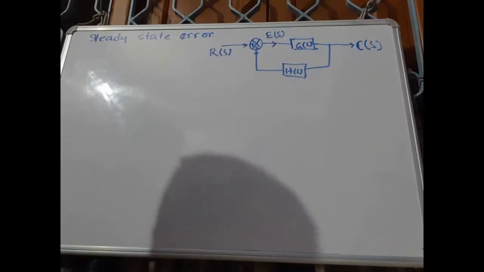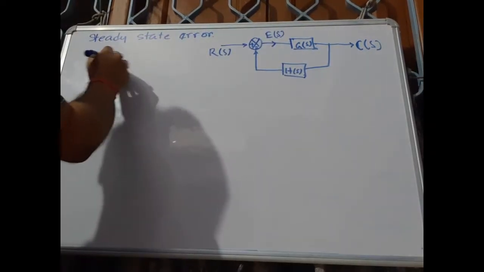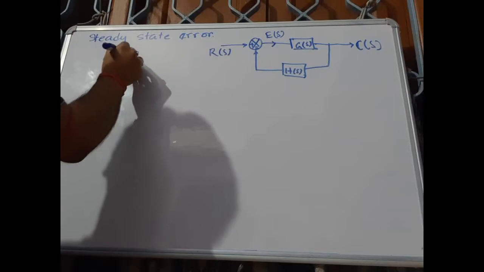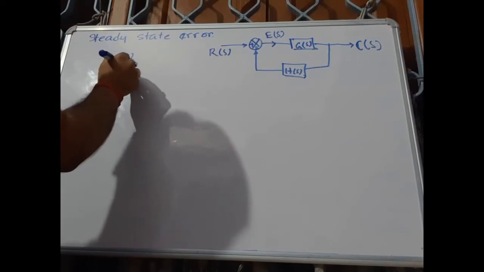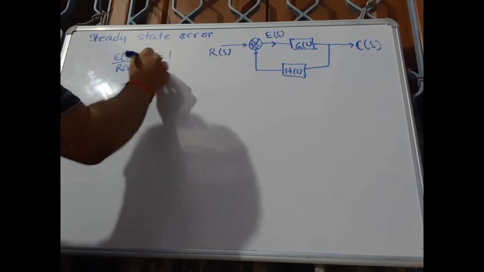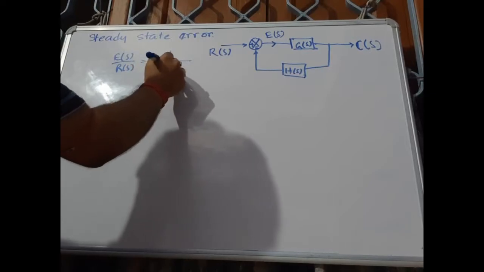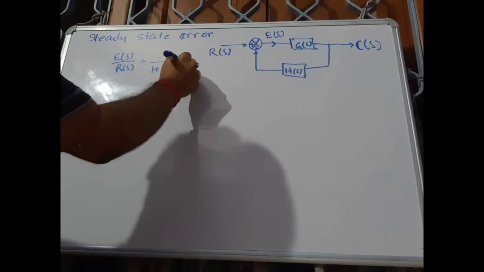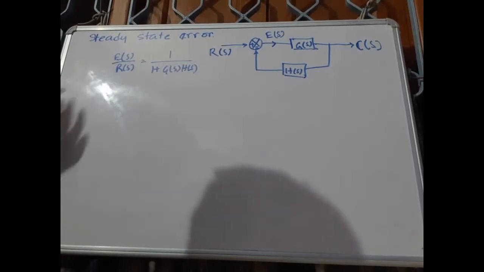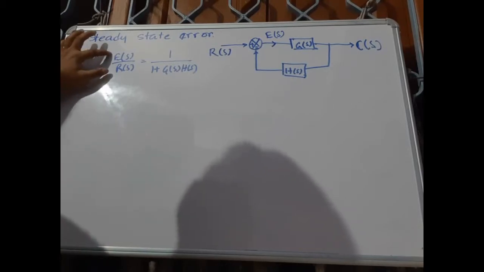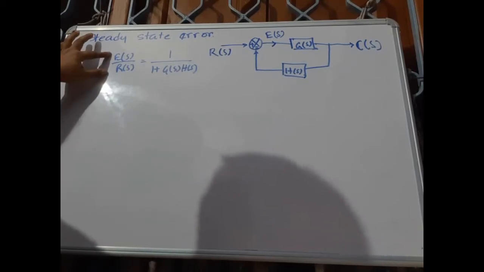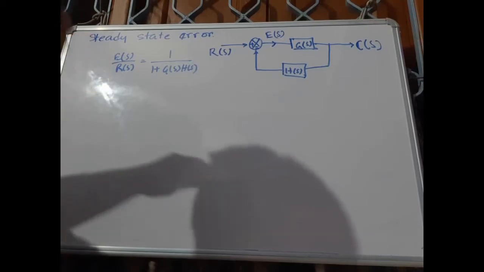Now what will be the error? Error E(s) divided by R(s) is equal to 1 by 1 plus G(s)H(s), right? So this is the error versus input signal.